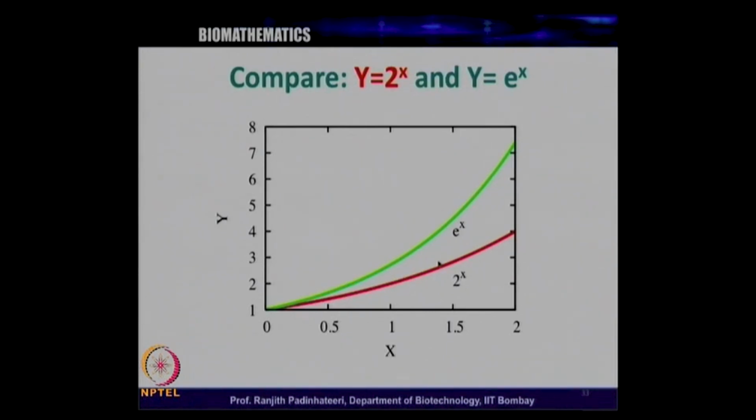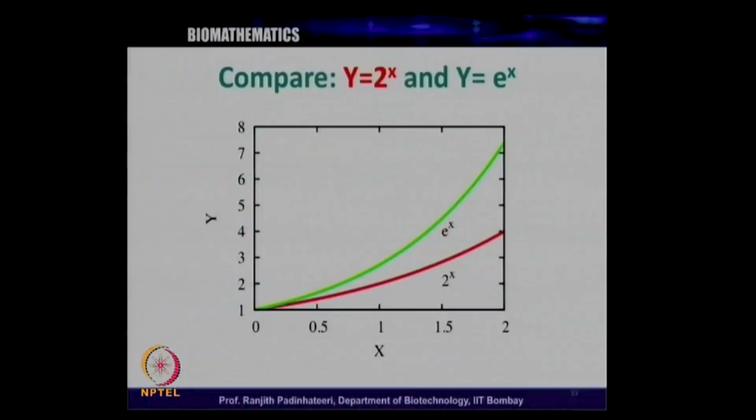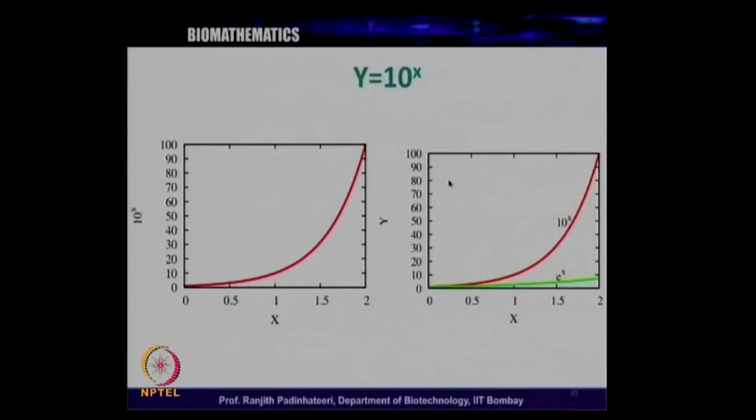This is another example of a biological function. 2 power x is relevant in biology, and we will learn about this in great detail. You can think of some other function, y equal to 10 power x. It could have any number, 3 power x, 4 power x, 5 power x. They all look like increasing functions. And you see here 10 power x is this red curve, and compared with e power x, it grows much faster.